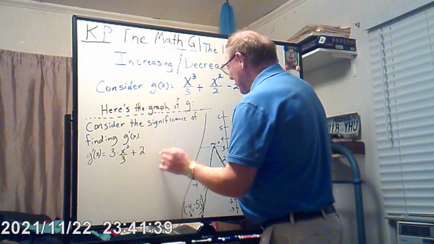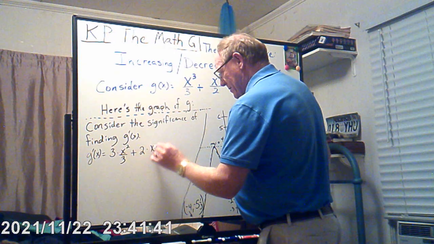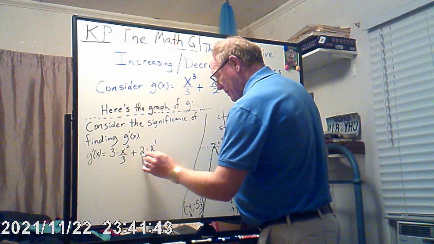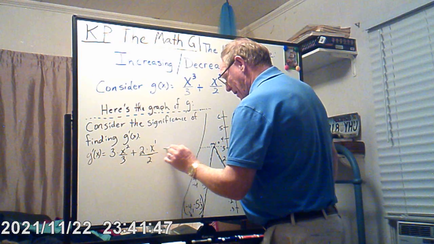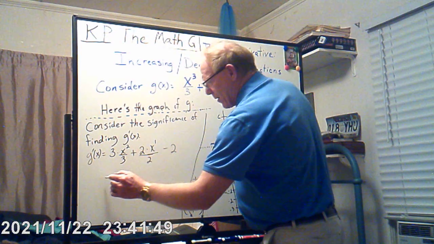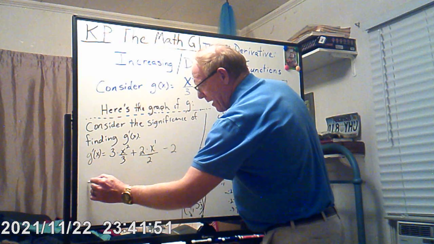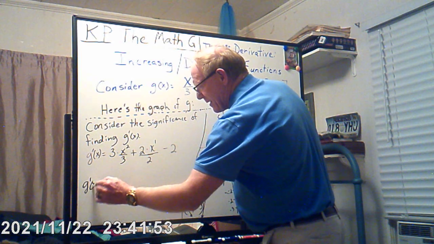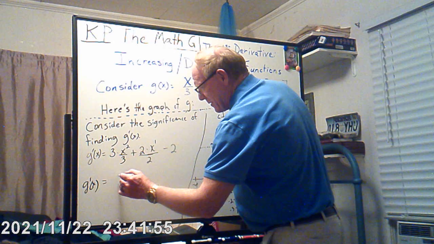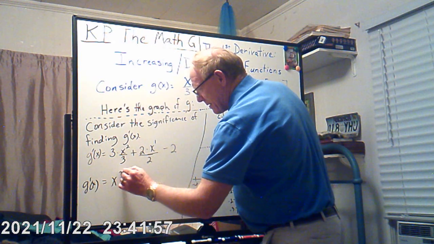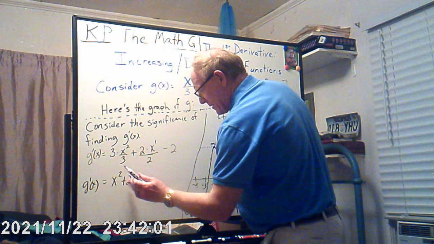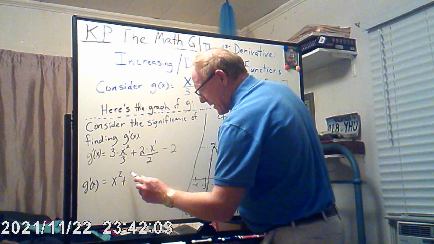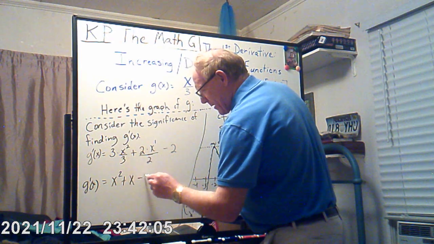Plus 2 times x to the first all over 2. All right, and then minus 2 here. So what we really have is that G prime at x is equal to x squared plus... no, that's not 2x. Plus x minus 2.